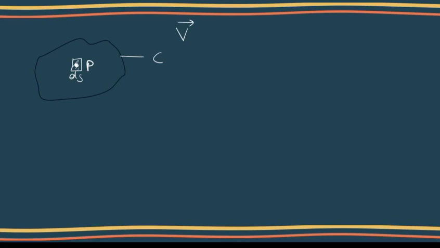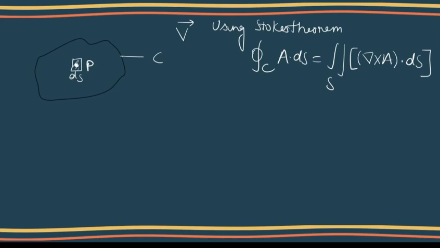Now, let us use Stokes theorem. Many of you might have heard about it in your mathematics. So, how is the Stokes theorem given? If I use this Stokes theorem and try to write the equation of circulation, what do we know?